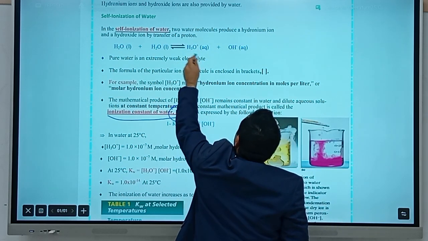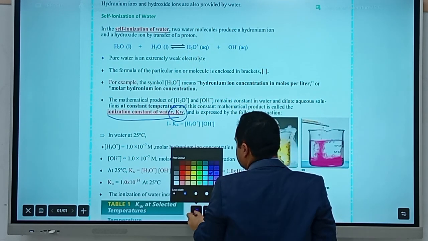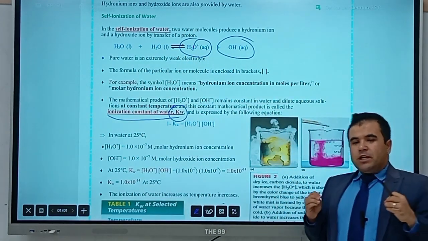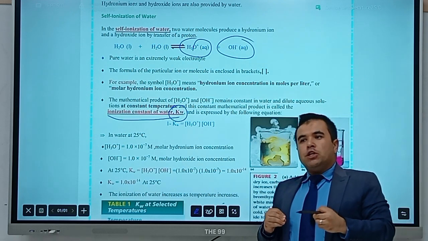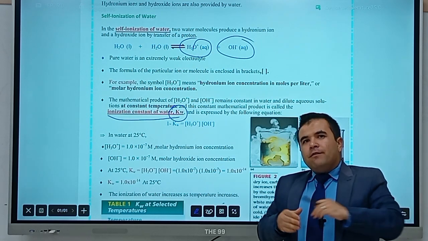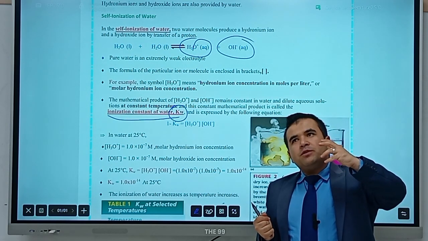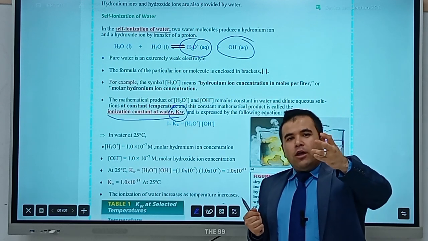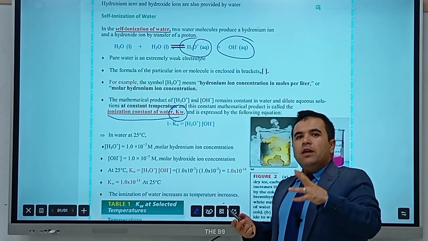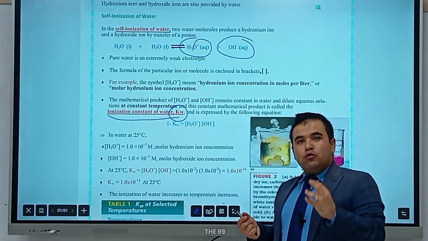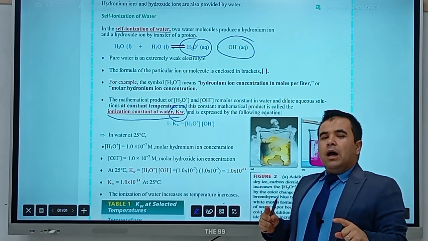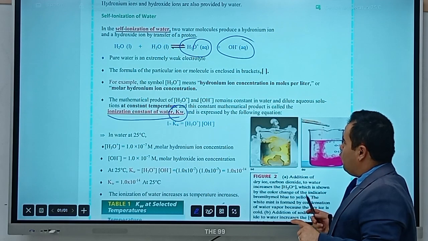The Kw represents the degree of ionization of water. If water ionizes more, that releases more ions, more hydronium and hydroxide, to the solution or the medium. If the ionization degree is reduced, the concentration of the ions is reduced. And the Kw represents the degree of ionization of water.